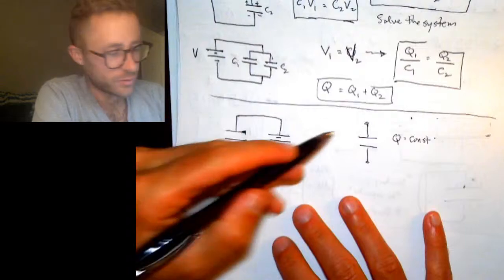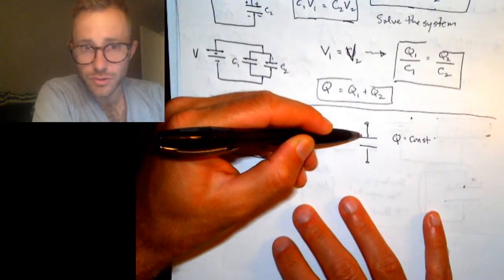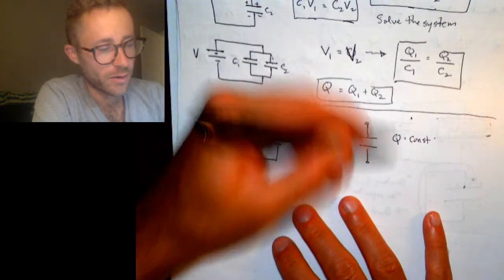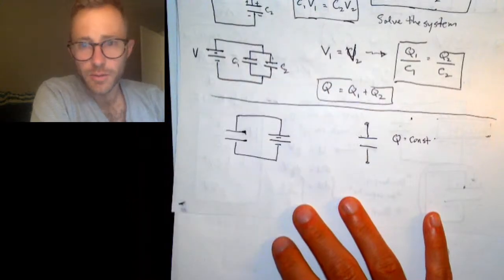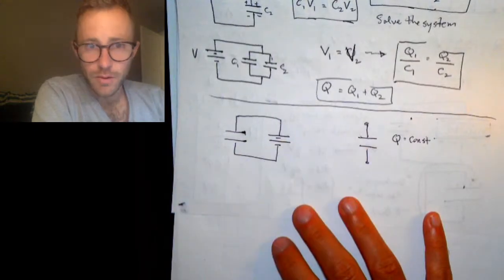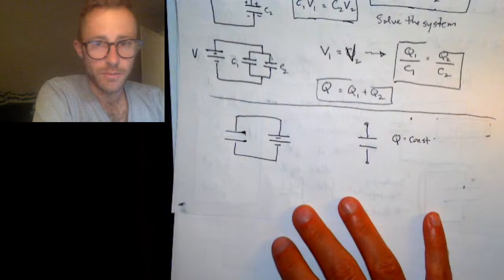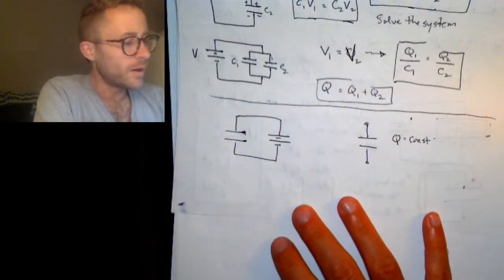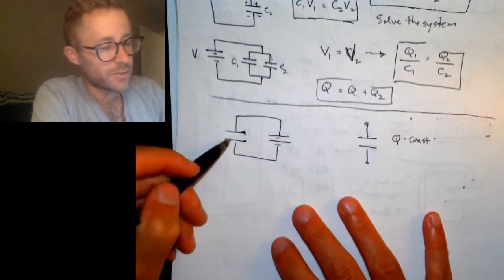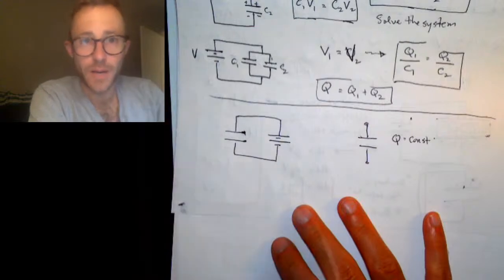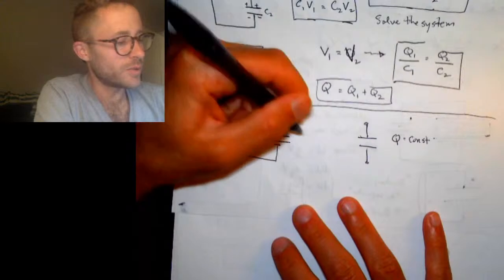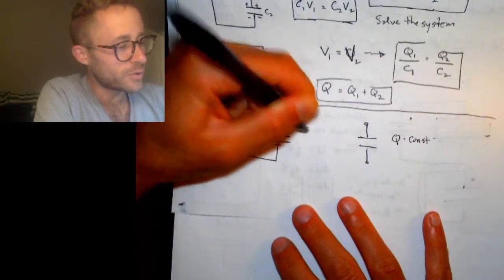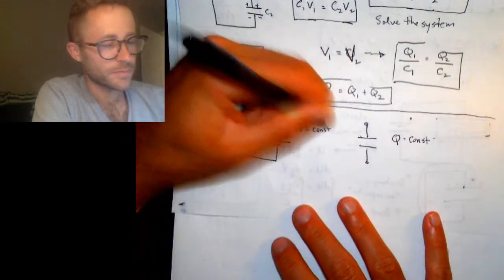Why? Because the charge can't jump the gap. It can't go around. So whatever charge you have on the capacitor plate is constant. It can't change from the value that it has. Here, because the capacitor is connected to a battery and the battery maintains a certain voltage, in this type of situation, the voltage is constant.